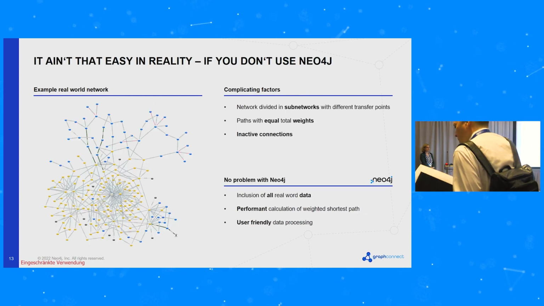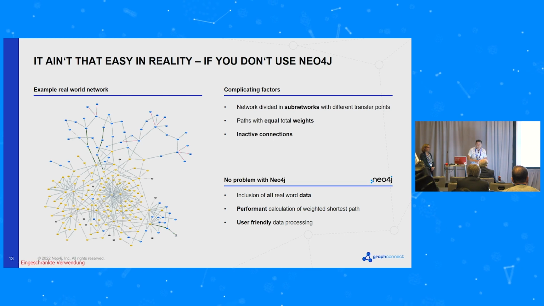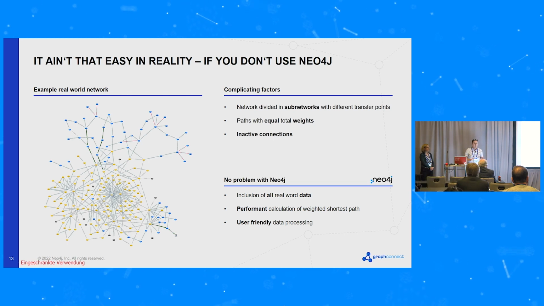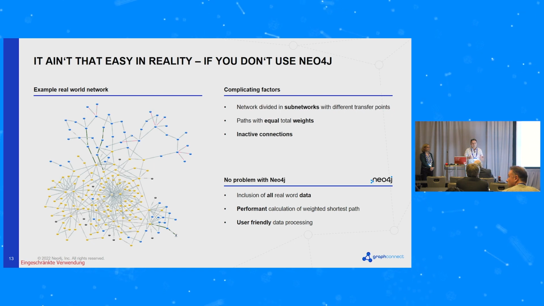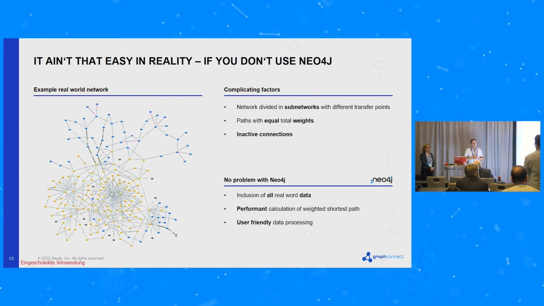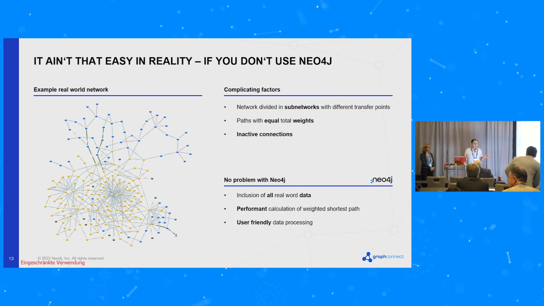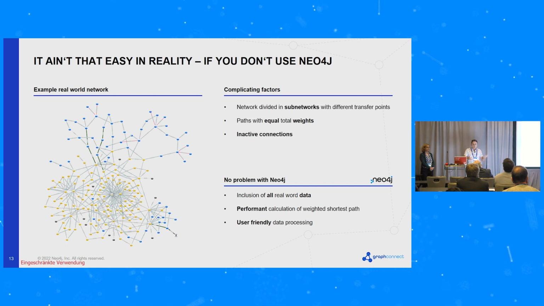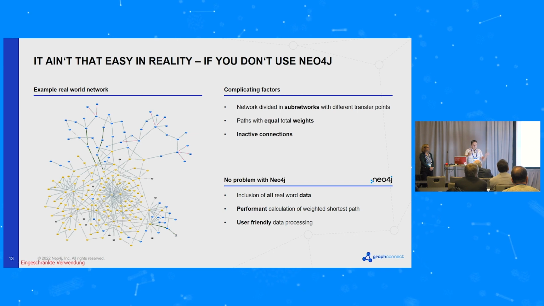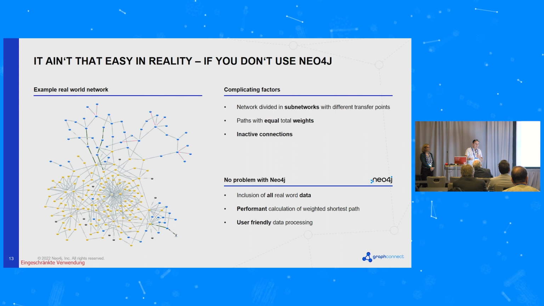This example here, what I showed before, is simple. A real operator network is very huge. Typically one mobile operator in Germany has about 30,000 routers, all connected. One router has on average 100 ports. This is all stitched together. In addition, you have status on links.